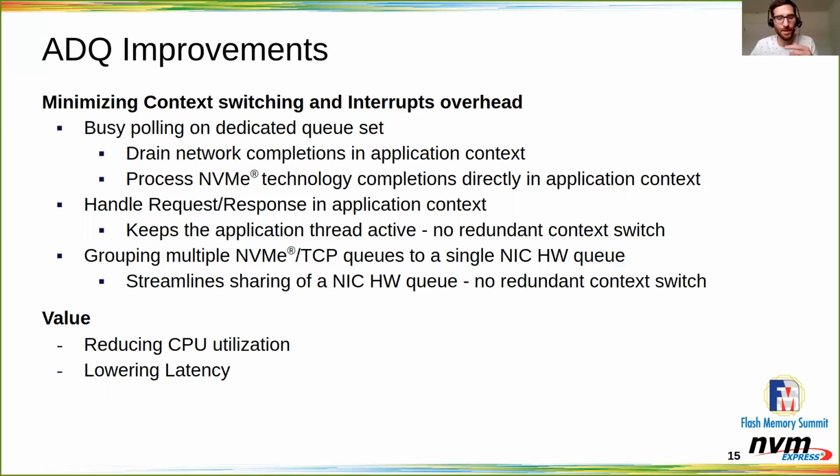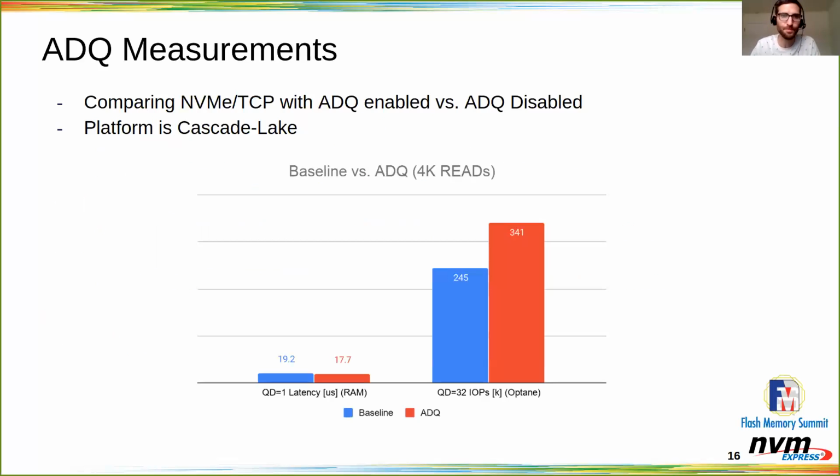If we remind ourselves that in the driver we had two context switches, one on the TX path, one on the RX path, and we had a soft interrupt driven from the NIC interrupt, now we eliminated all three of them with the enhancements and ADQ together. So the value is reduced CPU utilization and low overall latency jitter.